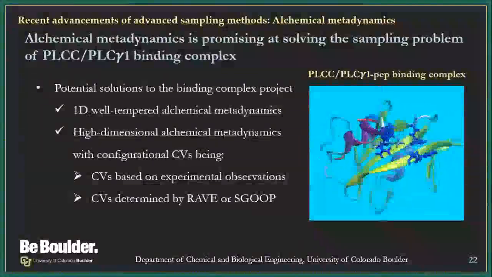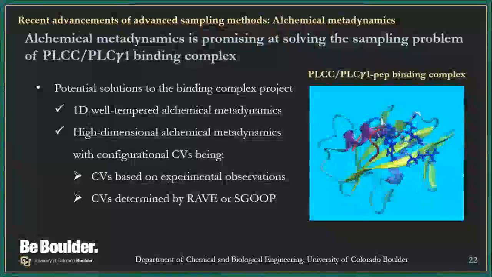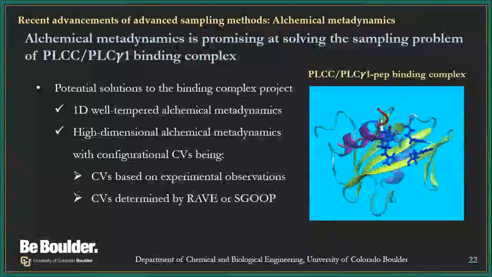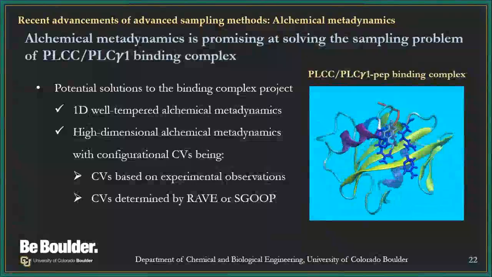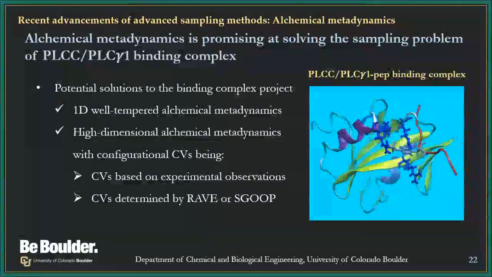And the CVs obtained from these machine learning algorithms are usually much better than the CVs based on experimental observation, which could make alchemical metadynamics even more useful.